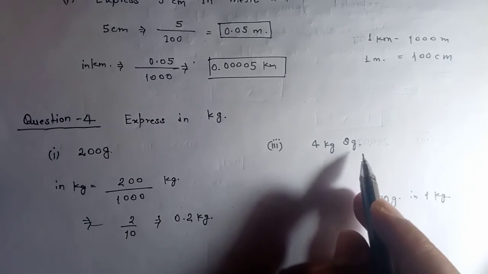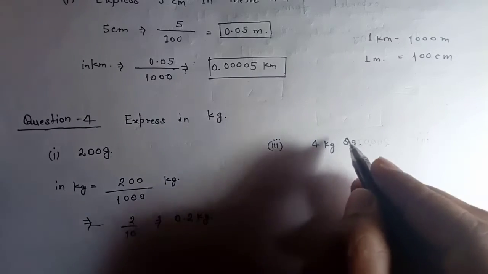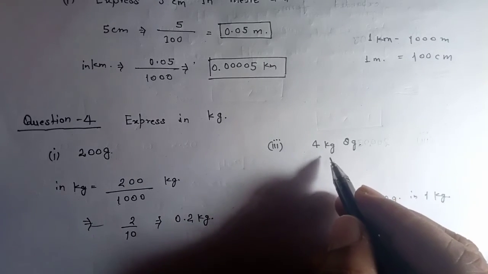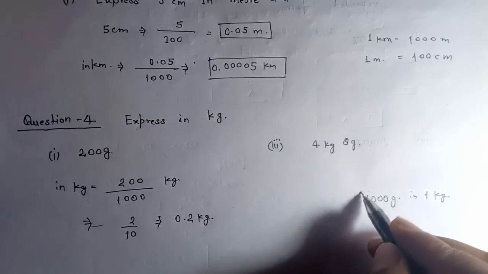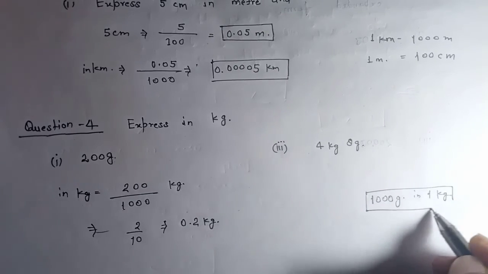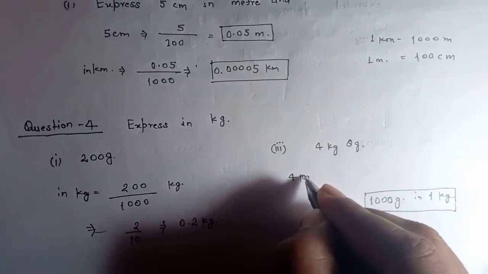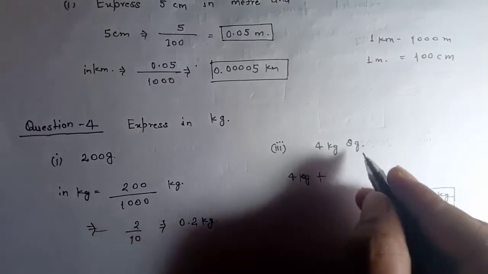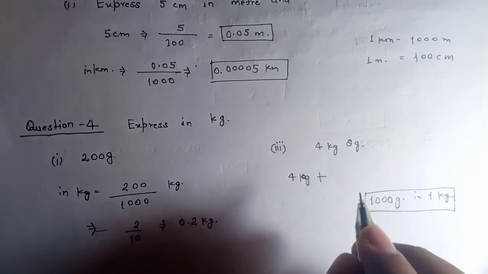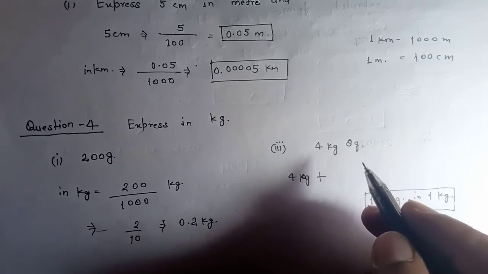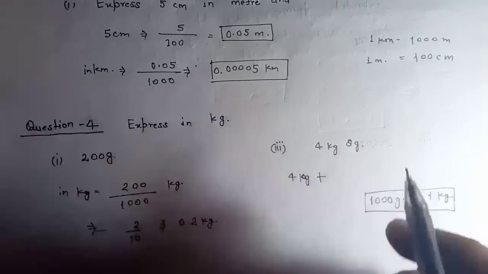We have 4 kilogram, 8 gram. So again two quantities of different units are added. One is in kilogram and one is in gram. It is 4 kilogram, and you have to add 8 gram to 4 kilogram. So first convert this gram into kilogram, and to do that, you have to divide the gram by 1000.